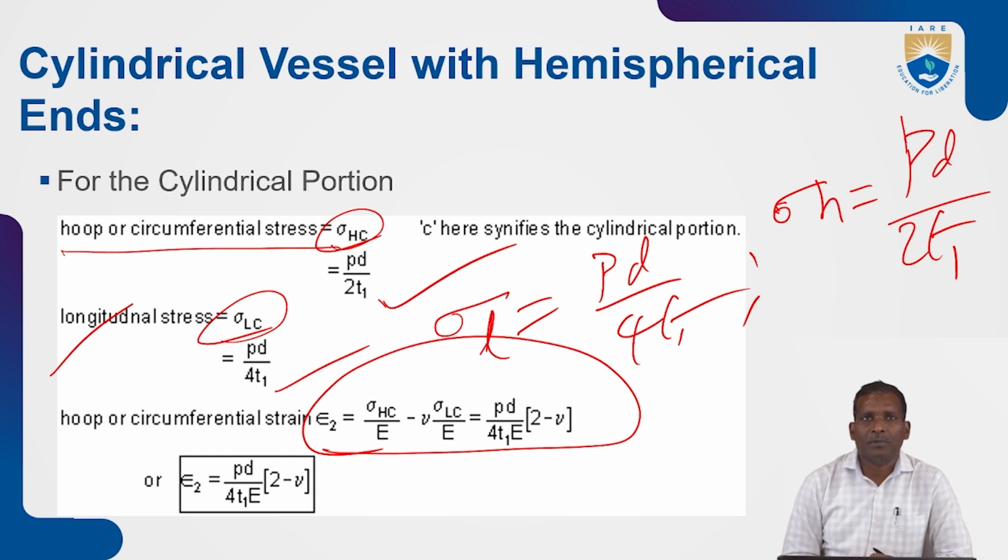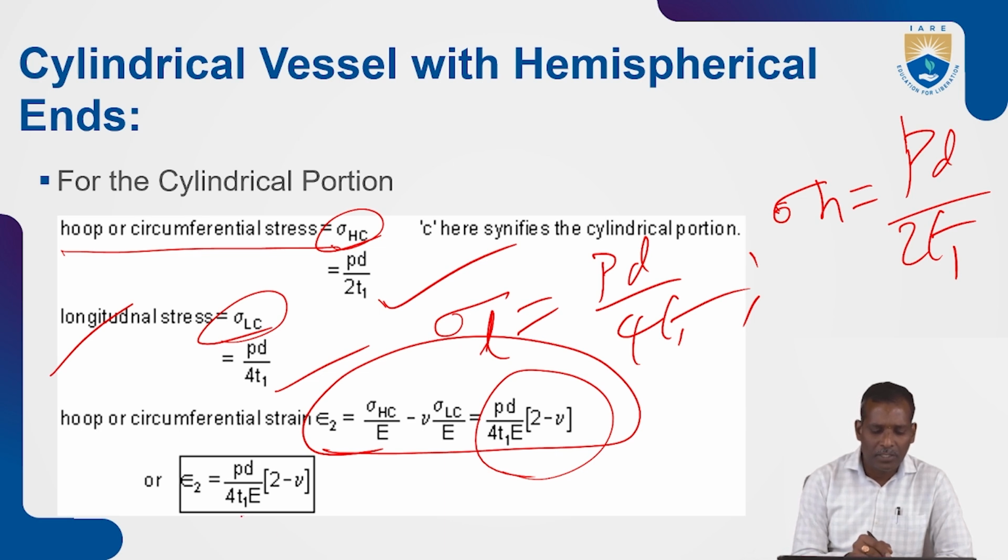So the hoop or circumferential strain, epsilon_2, is PD by 4t1E multiplied by (2 minus nu), where nu is Poisson's ratio and E is Young's modulus.